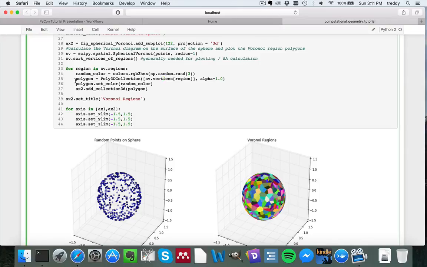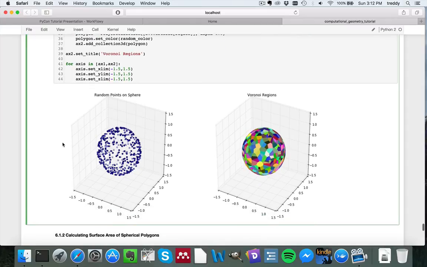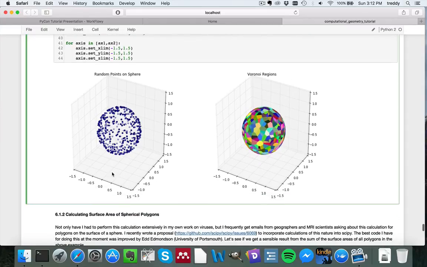And so we effectively just do this one region at a time, generate the polygon, and then progressively add polygons to the 3D collection of spherical polygons, and plot that data. So here it actually looks like we're doing a pretty good job of the plotting. These actually look like proper spherical polygons that are curving on the surface of the sphere.